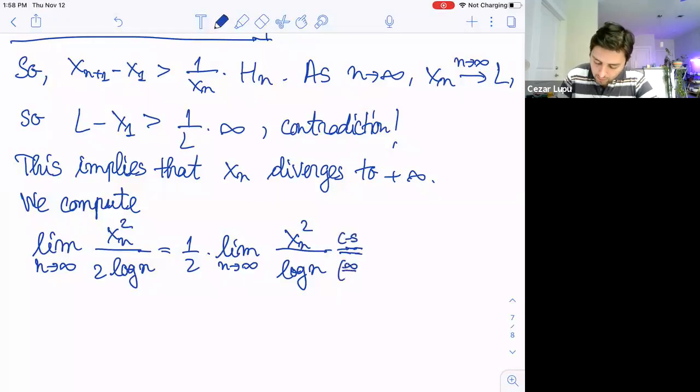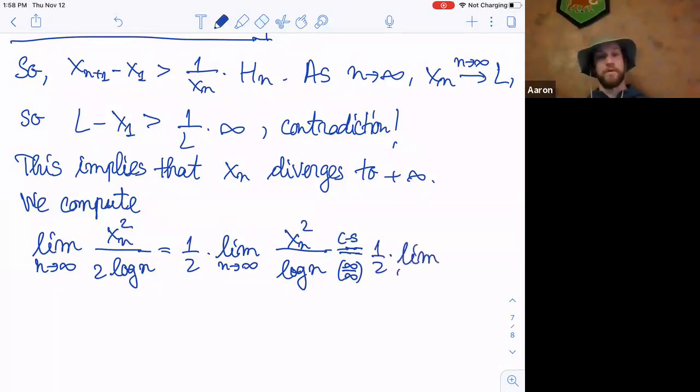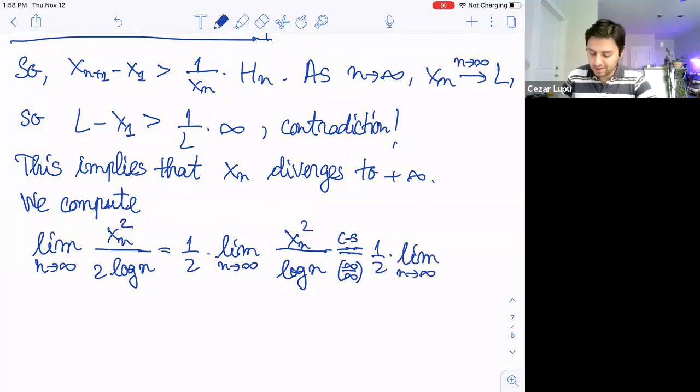This is infinity over infinity here. And this will give us, well, it's 1/2. I always forget about this. This is 1/2 times the limit. So I'll ask a question at the end. Okay. So the limit as n approaches infinity of xn plus 1 squared minus xn squared over log n plus 1 minus log n.